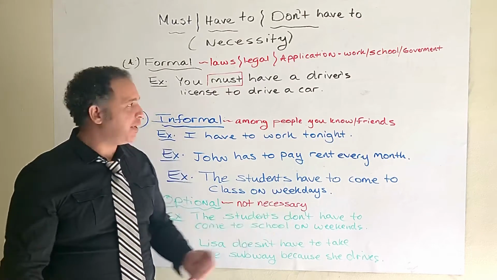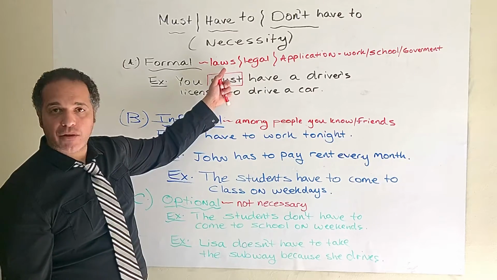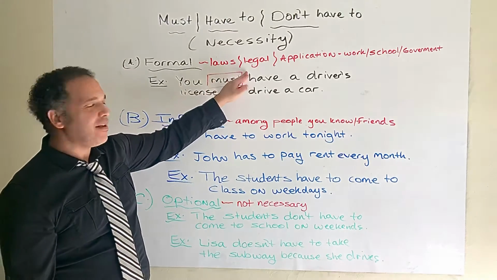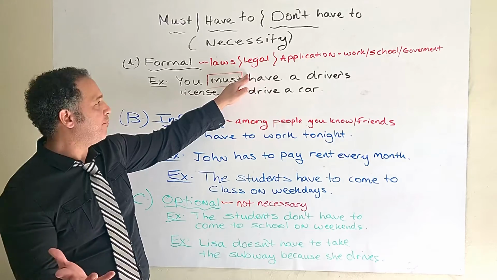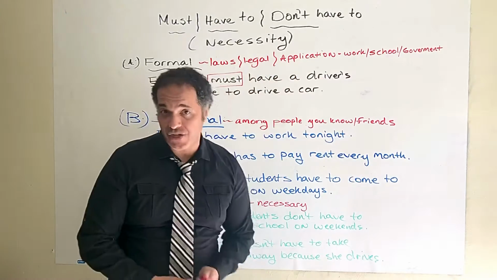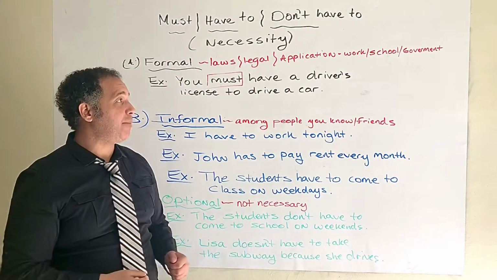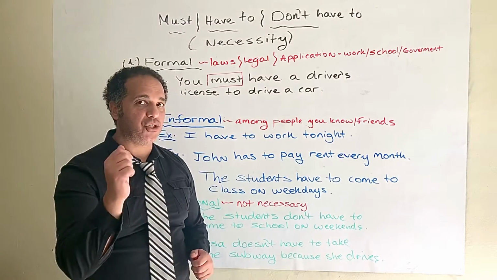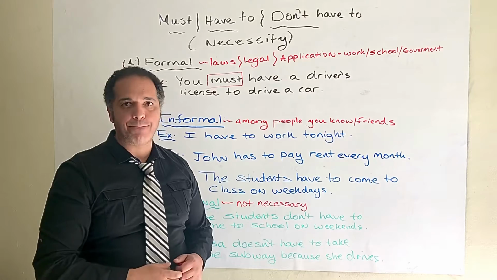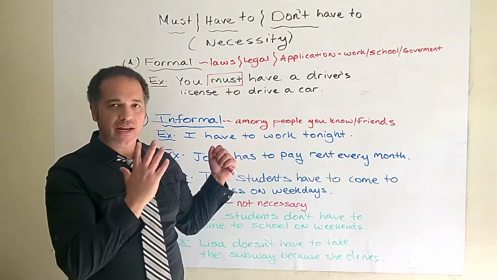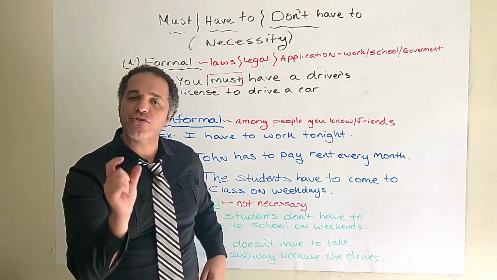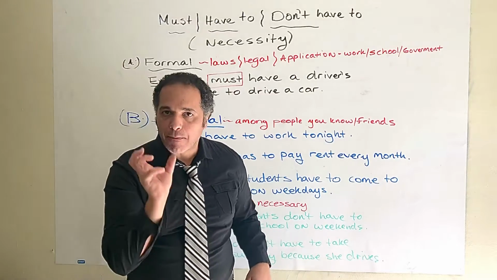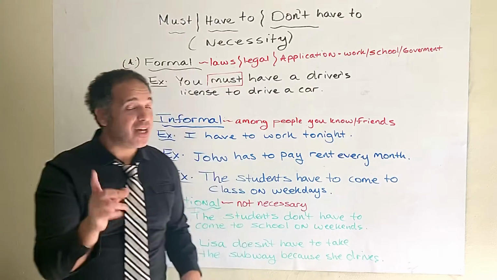So, what does that mean? It means when we are talking about laws, anything which is legal, any kind of application, it could be a government application, an application for school, an application for work, in any one of those instances you are going to see the modal must being used, not have to.